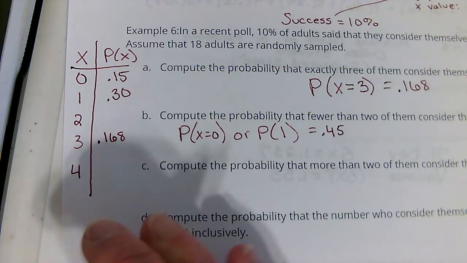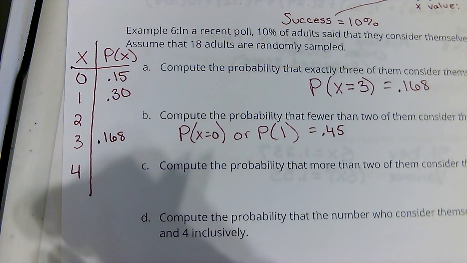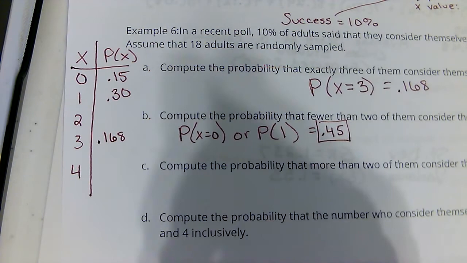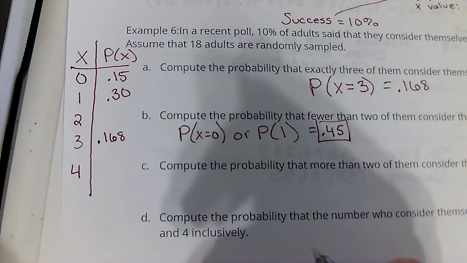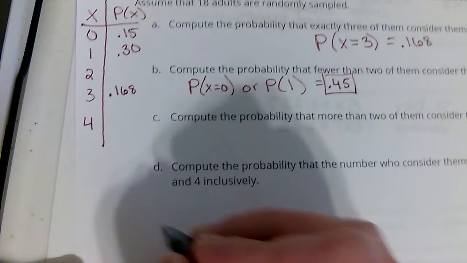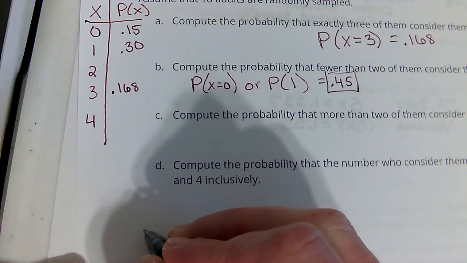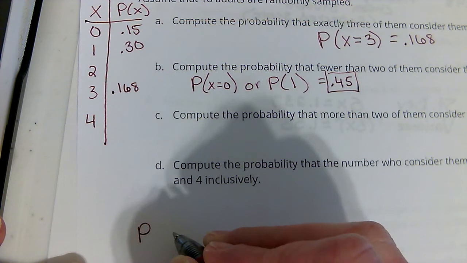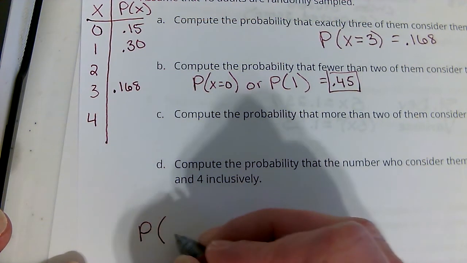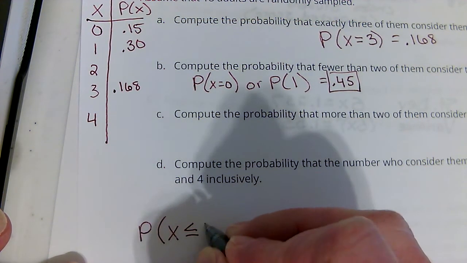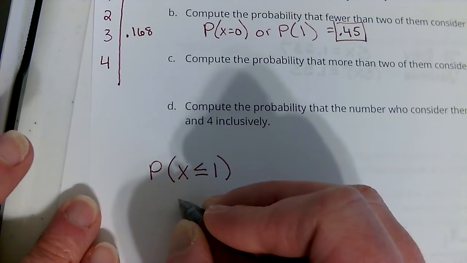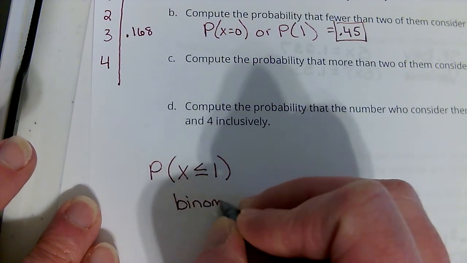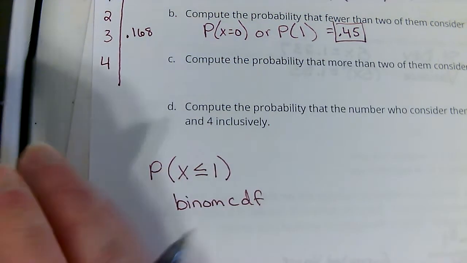But there's also a way to do this quicker, especially if there's more, and that is with what is called the CDF. If I wanted the probability that x is less than or equal to 1, I would use the binom CDF.